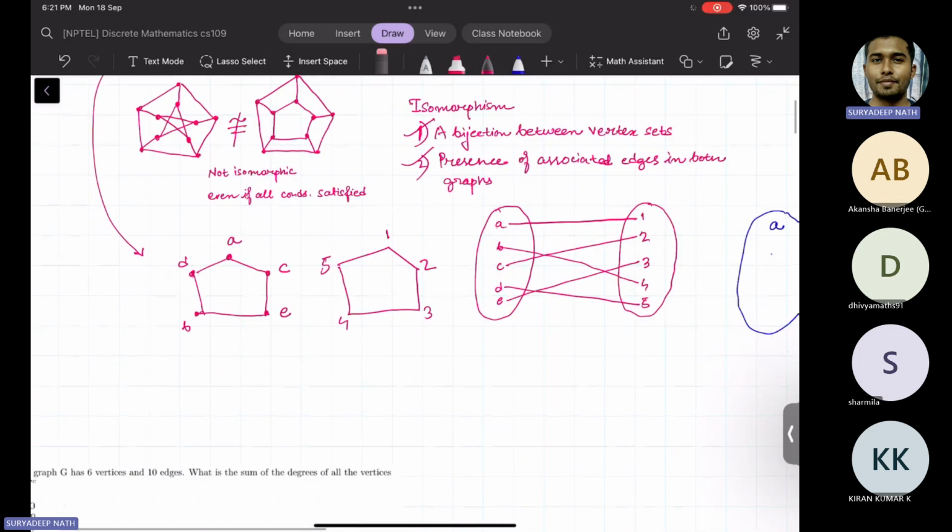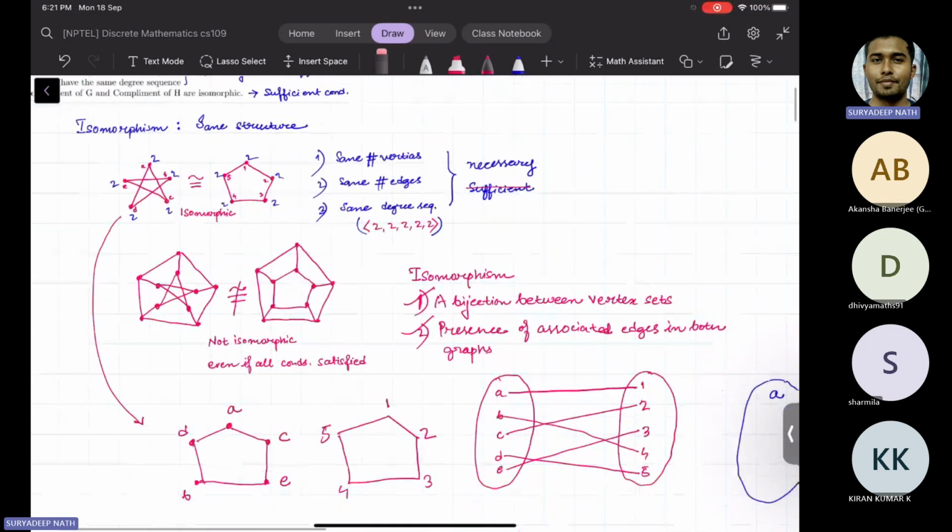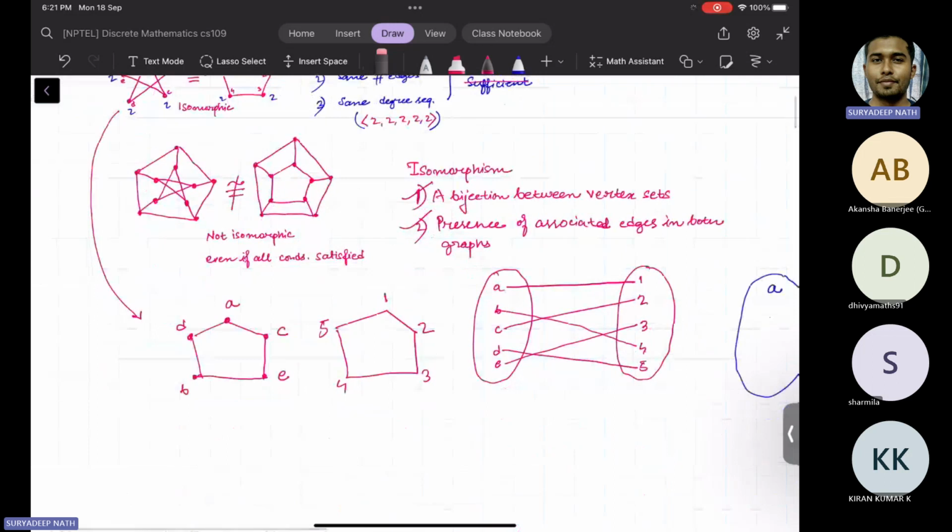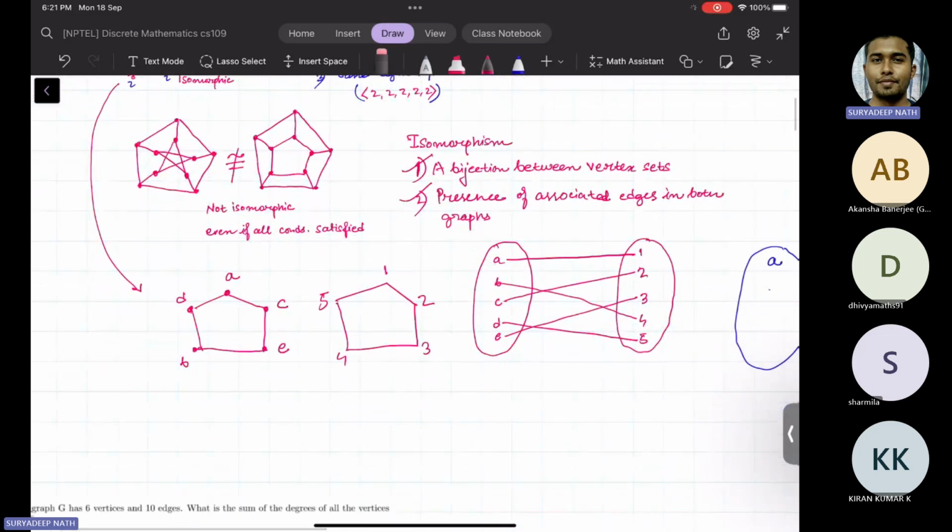Actually, if we draw the complement, it is all the edges that are not present in this graph. So the outside edges won't exist. You will have five vertices, but you will have all the inner edges.